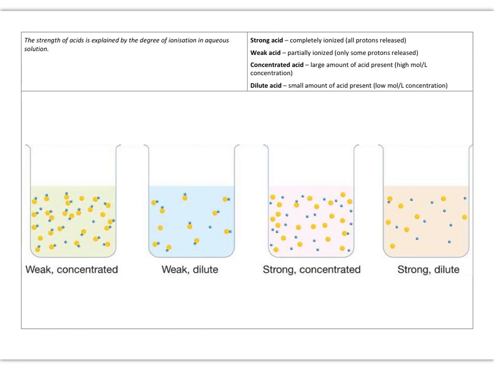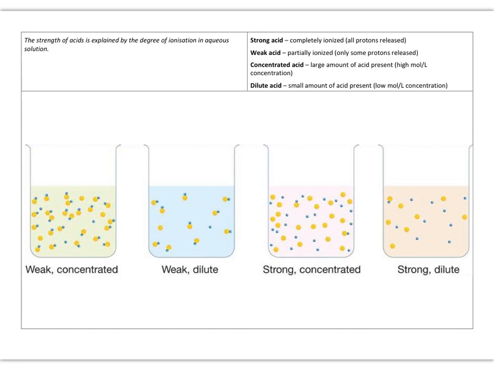If you look at these, the two concentrated acids here and here contain a lot more particles than the weak solutions here. So when we talk about something being concentrated or dilute, we're just talking about the number of acid particles present. When we're talking about strong and weak though, we're talking about how many are ionized.